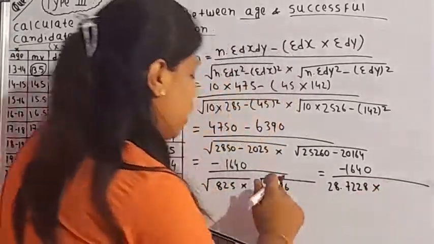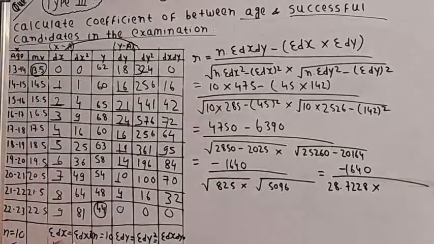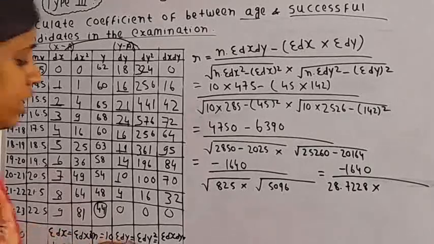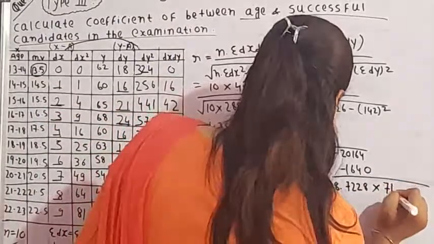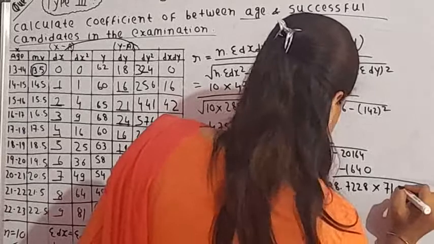Okay, into under root 5096. In the same way, we write 5096 on the calculator, then press the button of under root. We get the value of under root 5096, and it comes to 71.3863.